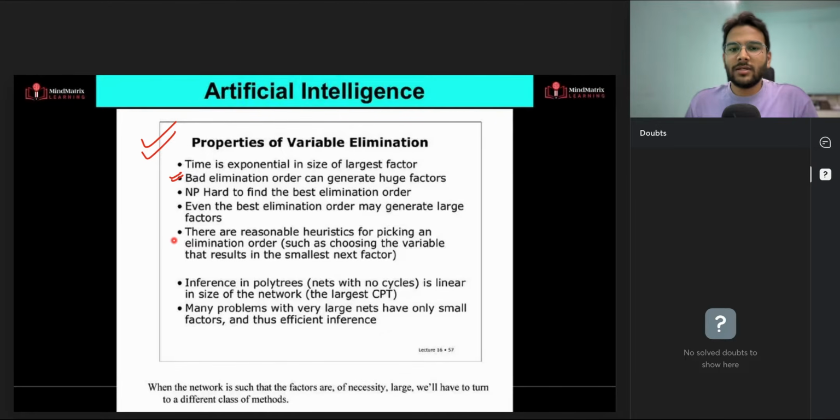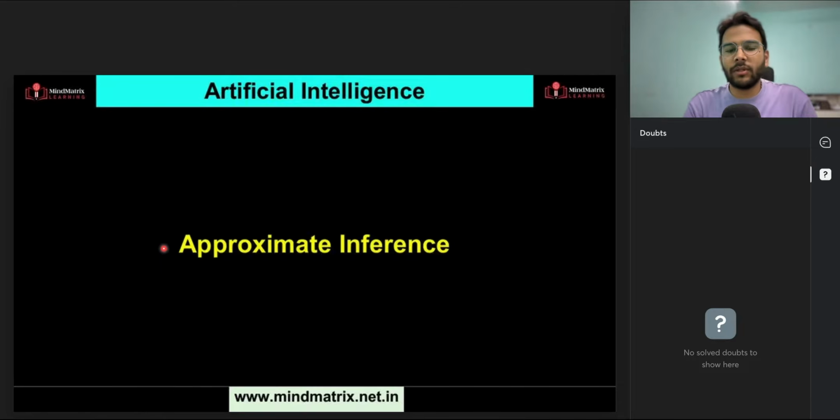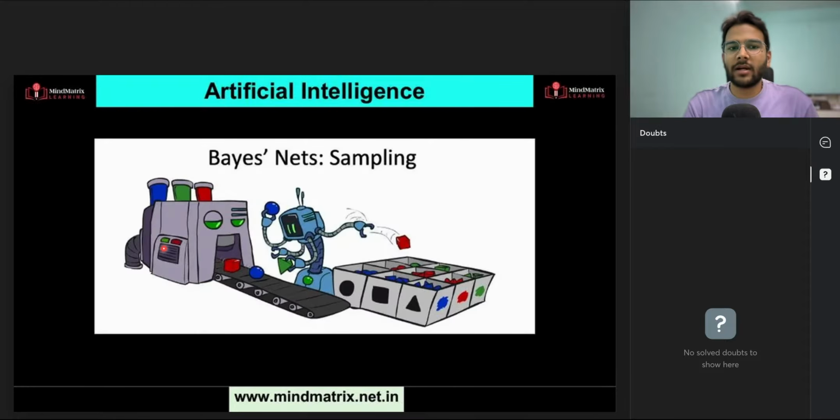That is the reason we have to look out for other methods, and now we are going to talk about approximate inference. As simple as that, when exact inference is infeasible or computationally expensive, then we go for approximate inference. And in this we mainly talk about the sampling part. We will be discussing how we can perform this sampling in a Bayesian network.